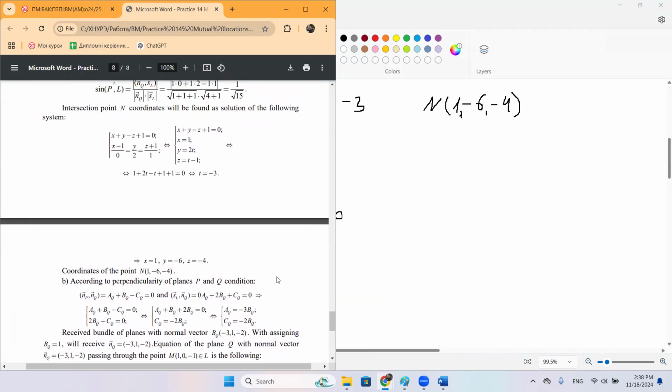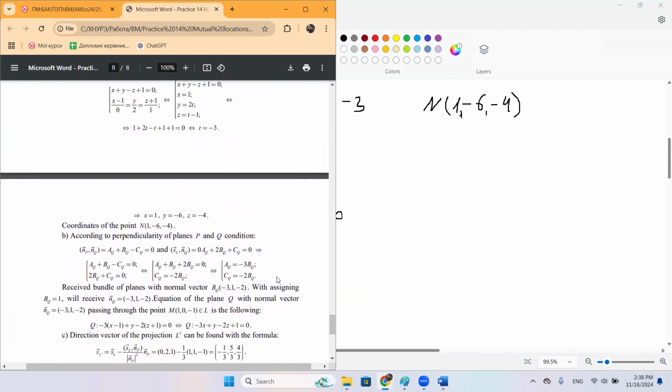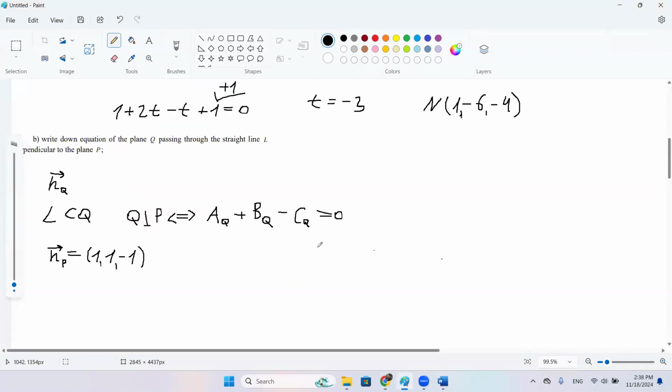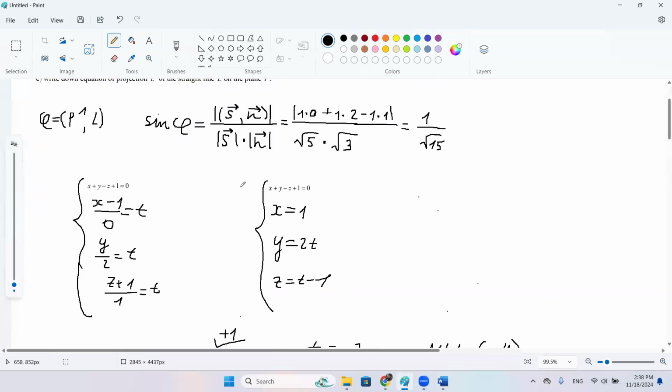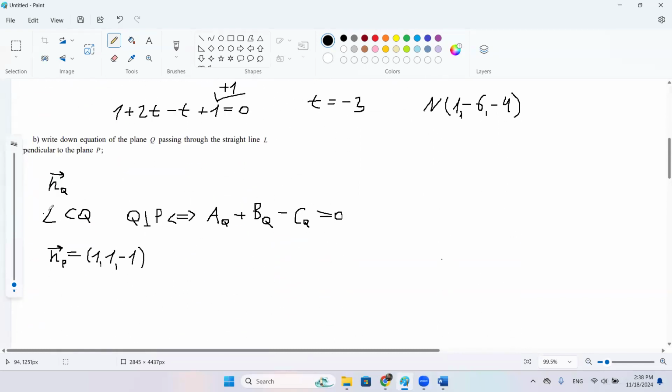We also must remember that Q is perpendicular to the direction vector of the line L, because that's not enough for us.